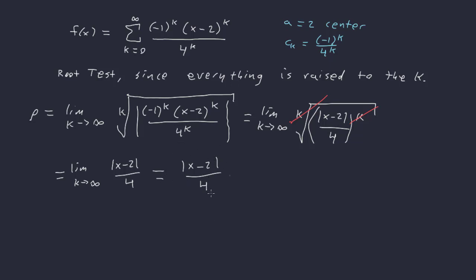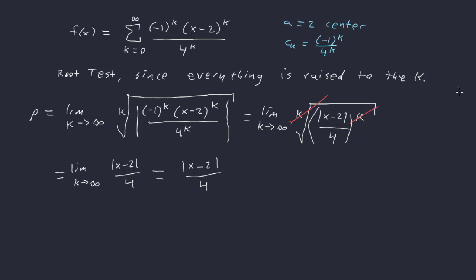Okay, now here's how we proceed from here. So last time we actually got a number out, specifically we got 0 out. This time, however, we didn't get a number, we didn't get 0, we're still left with x's.